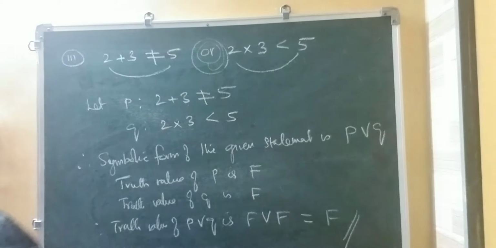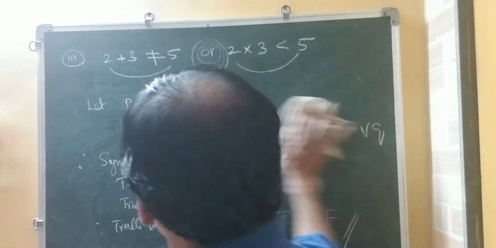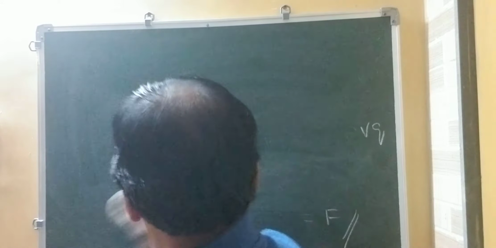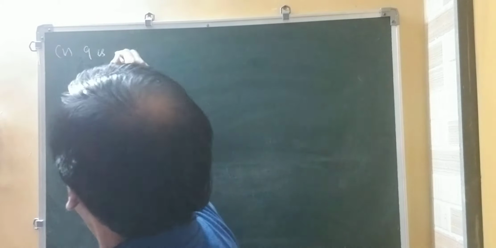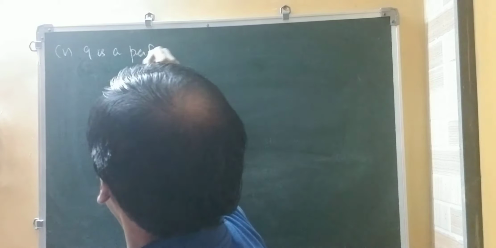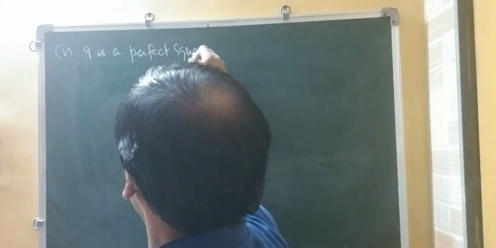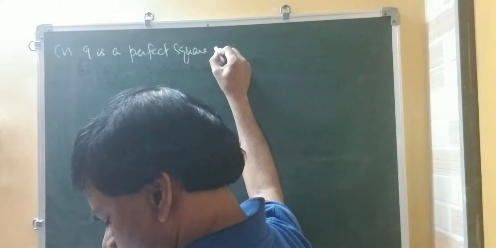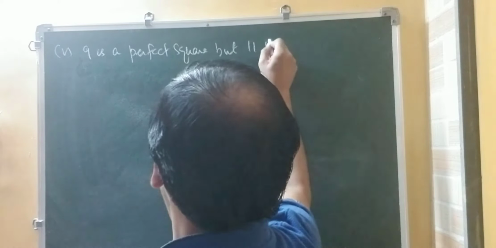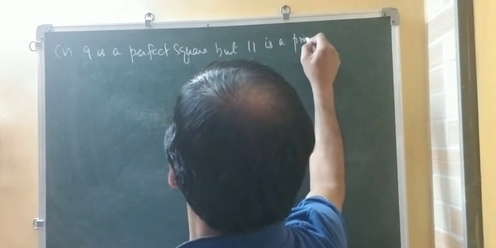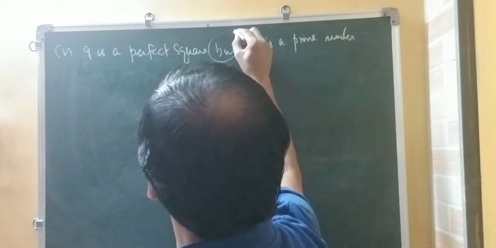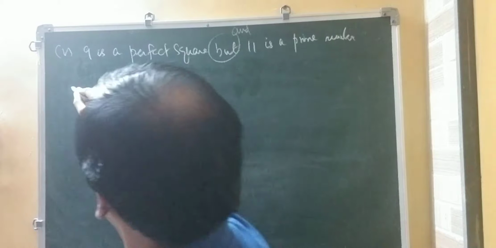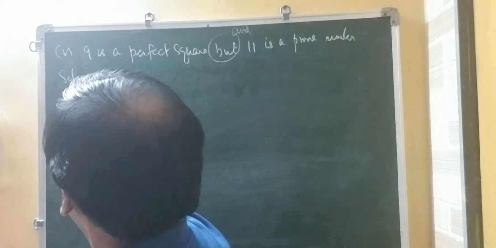Now one more we will do. This is also a very interesting sum. 9 is a perfect square, but 11 is a prime number. But means what? It is as good as and. Now solution.